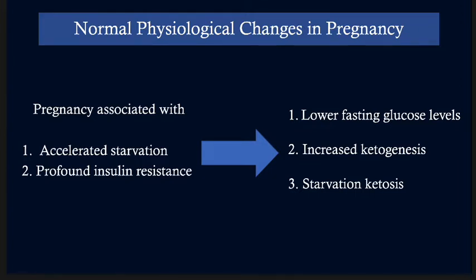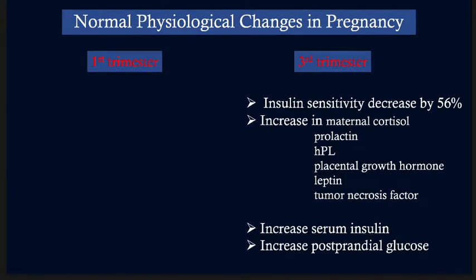So it's forming ketone bodies, which might accelerate into starvation ketosis, where we have a full picture of ketoacidemia in the pregnancy, and that actually worsens in diabetic patients. So we are talking just about normal things that we see and that we can diagnose and prove during pregnancy.